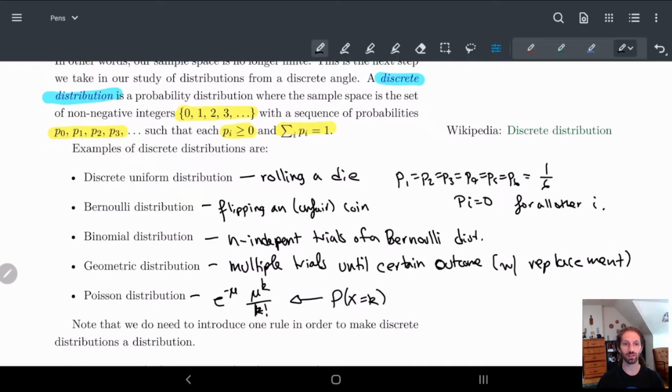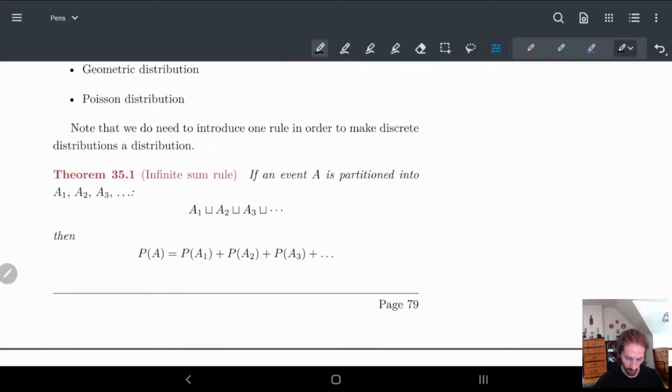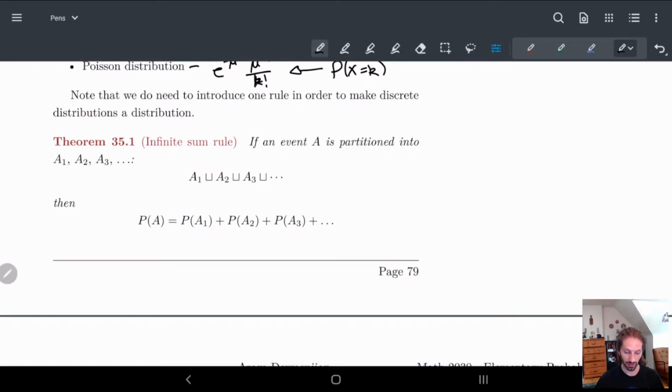One of the things we're going to need to change a little is this. Remember how we said I want my sum to be equal to 1? I still haven't really gone over this, because there was a third condition in our distribution definition: partitions need to behave nicely. But we could have an infinite partition, and this is something we hadn't really discussed beforehand. So there's one other rule we need to add, and that's the infinite sum rule. This is where our distributions are basically going to fix themselves.